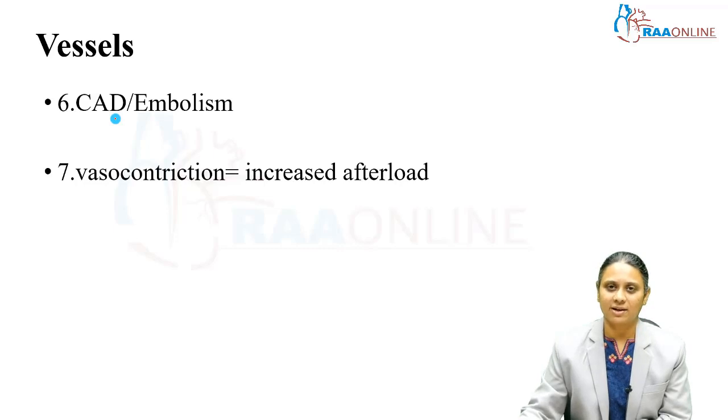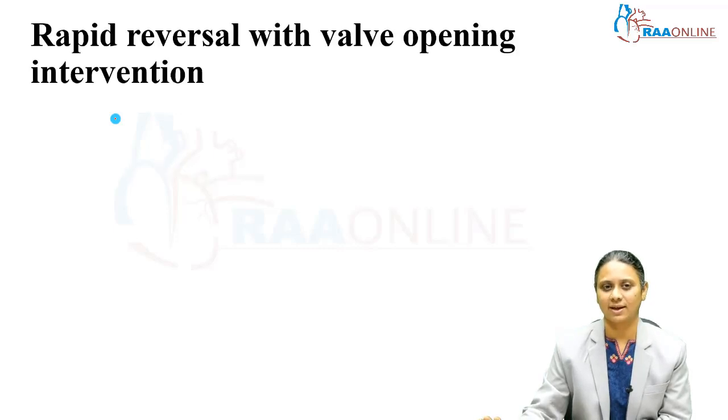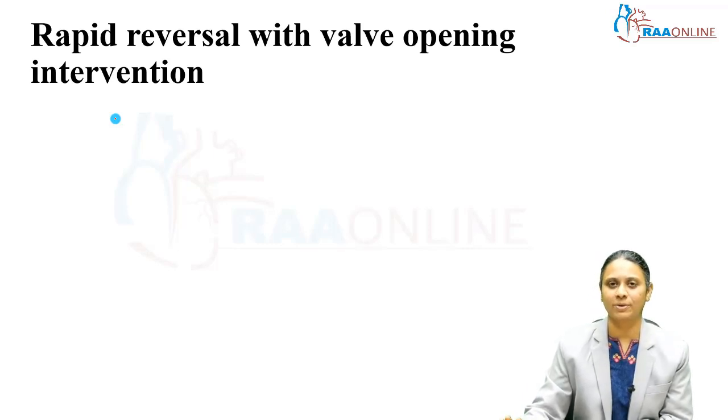Embolism to the coronary arteries, associated atherosclerotic disease, or peripheral vasoconstriction resulting in increased afterload also reduces the cardiac output. All these parameters of reduced cardiac output and systolic dysfunction reverse rapidly with the opening of the valve, either with balloon mitral valvotomy or after MVR.